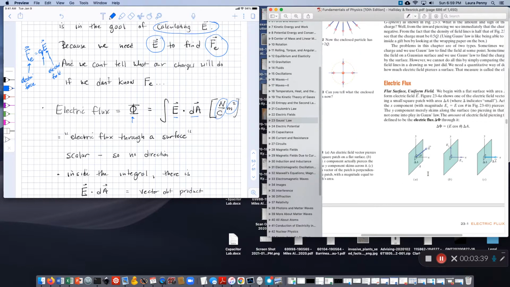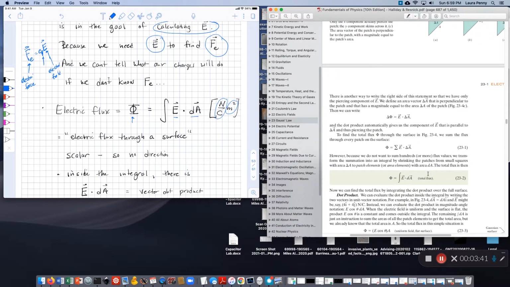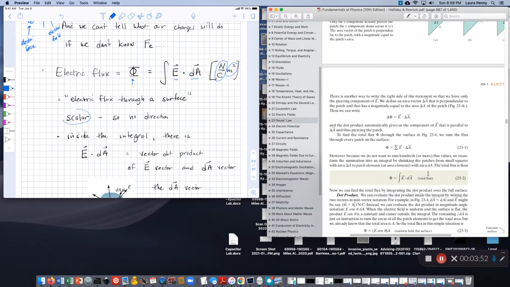Electric flux is actually the electric flux through a surface. So it's called electric flux, but it's really electric flux through a surface. It is a scalar. It doesn't have a direction, although it can be positive or negative. So the other thing that we've had that was a dot product of 2 vectors was work, way back in chapter 7 and 8 of the book.